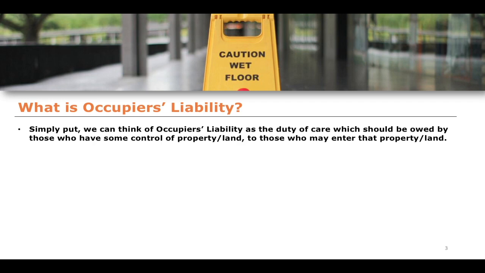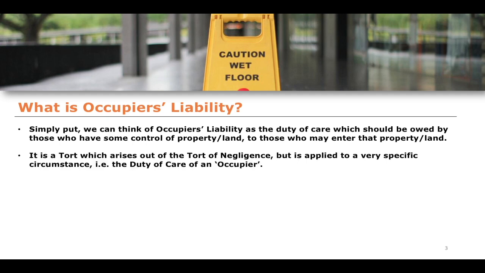So if you have some kind of control over some land and somebody enters onto that property for whatever reason, then there ought to be, at the very least, certain principles of duty of care that is owed to those individuals. It's really that simple.